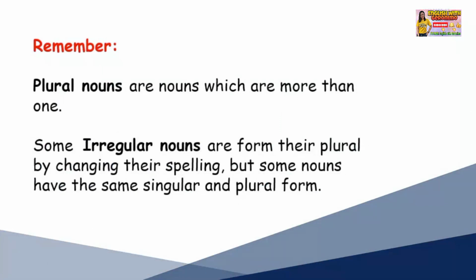To wrap everything up, what we have learned in this lesson, let us always remember that plural nouns are nouns which are more than one. Some irregular nouns form their plural by changing their spelling, but some nouns have the same singular and plural.